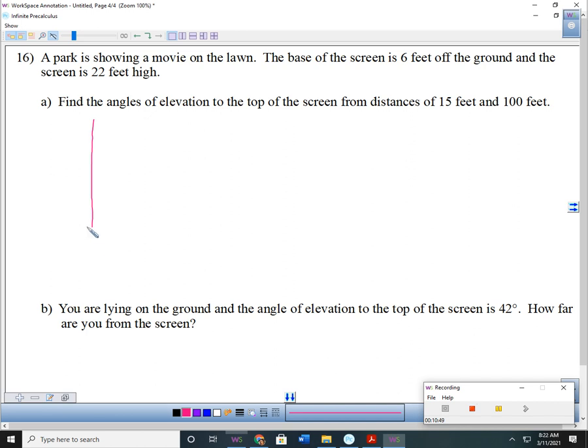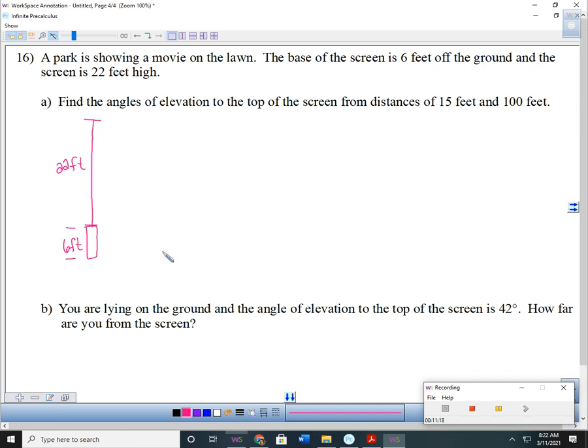And I'm just going to put a little pole here because apparently it's sitting on top of something that is 6 foot. This is 6 foot from here to here. And the screen's 22 feet high. So from here to the top is 22 feet.